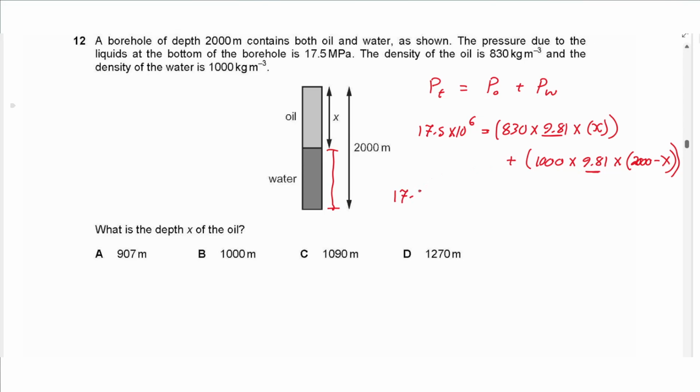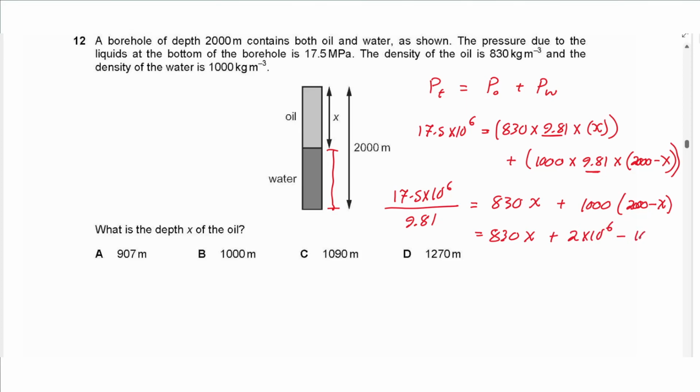So 17.5 times 10 to the power of 6 over 9.81 is equal to 830x plus 1000 times 2000 minus x. We can simplify this: 830x plus 2000 times 1000, that's 2 times 10 to the power of 6, minus 1000x, and then we subtract this.